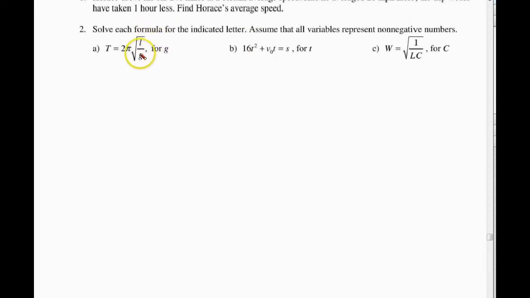Well, here we want to isolate our G. So I'm going to divide both sides by 2 pi. So I now have T over 2 pi equals the square root of L over G. Now again, I'm still looking for G here.